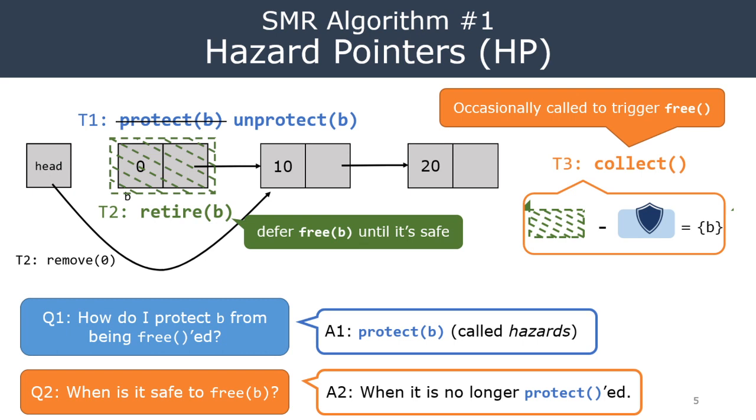So we unprotect it, and as a result, T3 or any other thread may be able to deallocate it because it is retired but not protected. Okay, so as a result, T3 has freed the block B.